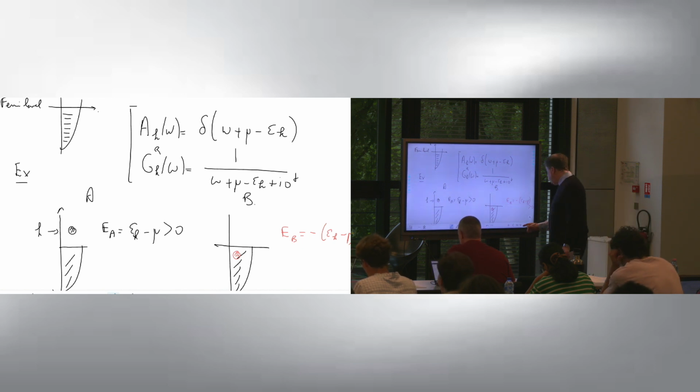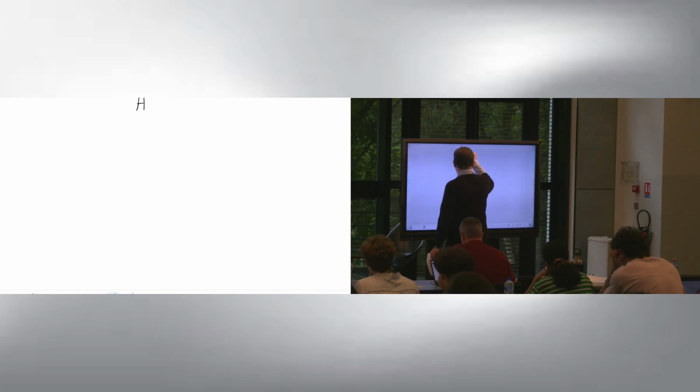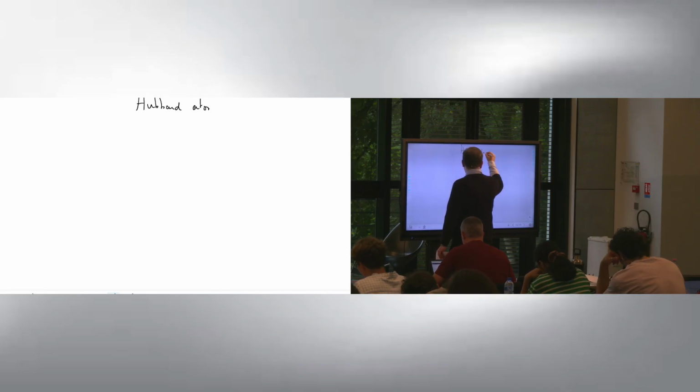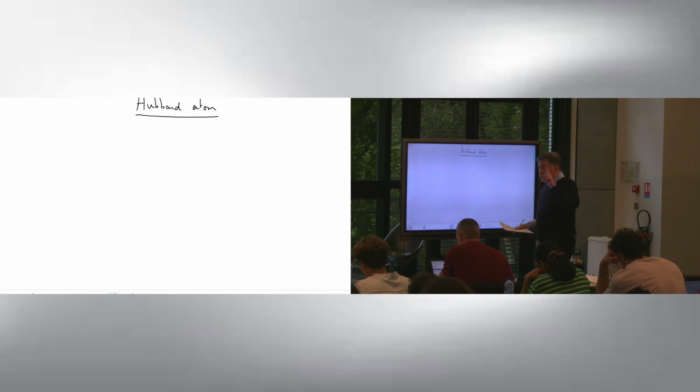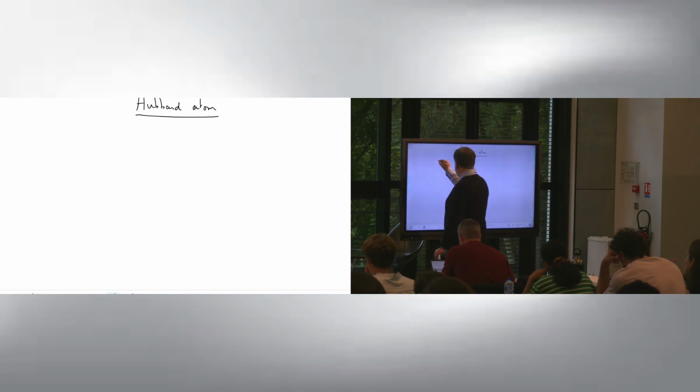Example number 2, which we will reuse a lot later, is the Hubbard atom. What is the Hubbard atom? It's just one site of the Hubbard model. So I will write it in this way.